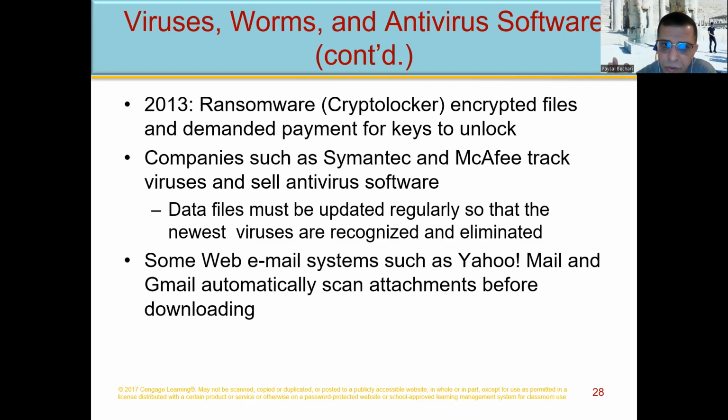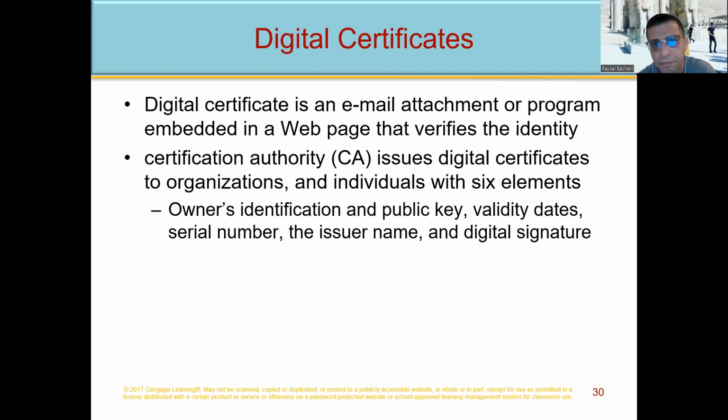And then you have Yahoo and Gmail, which are email systems. They do have these features: you can scan the attachment before you download it. A digital certificate is an email attachment or a program embedded in a web page that verifies the identity.